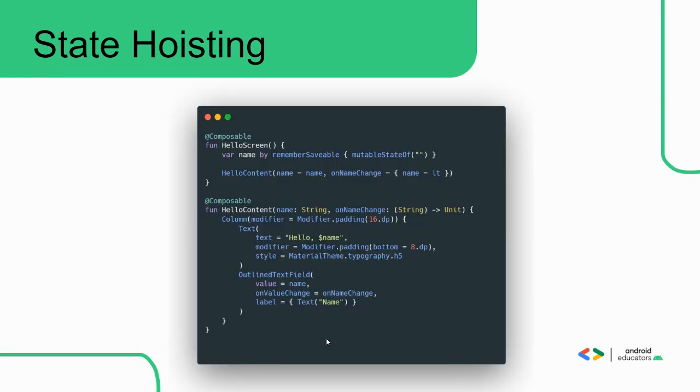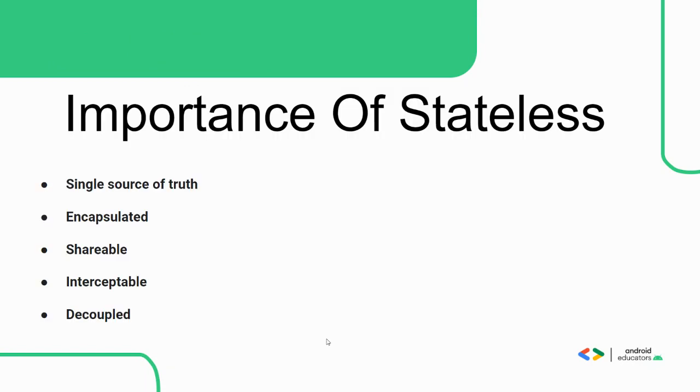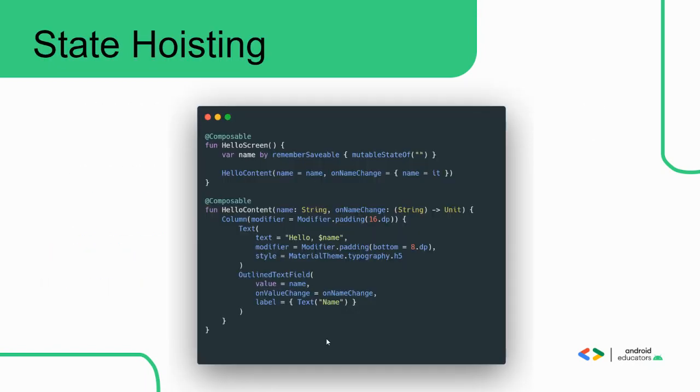It's a good practice if you are creating stateless composables. And it is also fine, for example, somebody would say I will not create stateful composable functions anymore. No, if it is simple, if you are holding some name or simple variable in the function, it's fine. There's no issue with stateful.